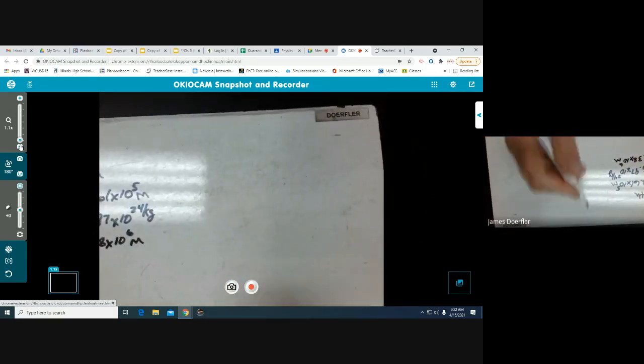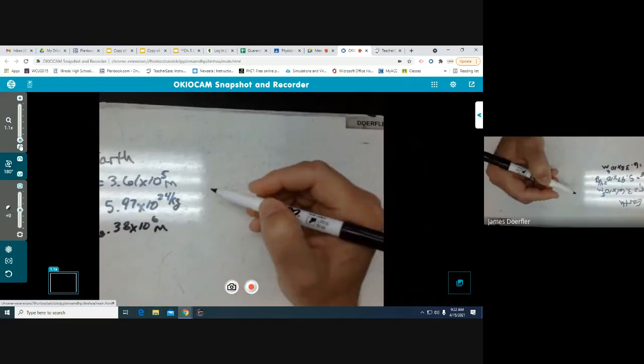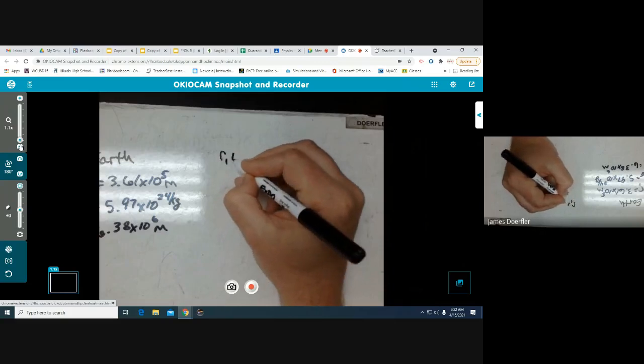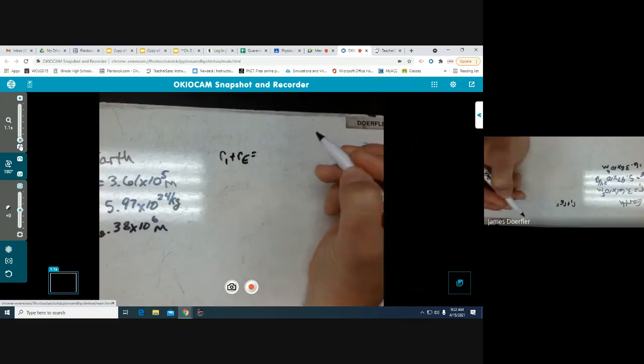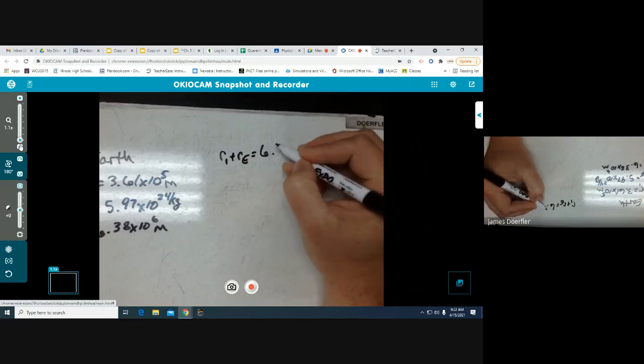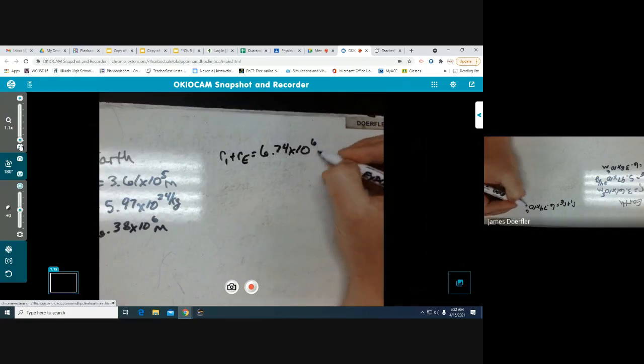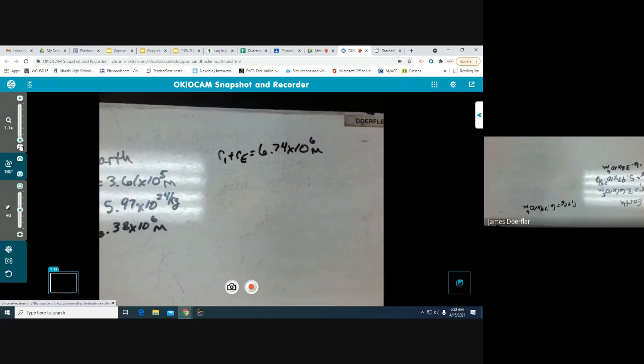All right. So before we do anything, we got to add these two sums together. So R1 plus RE, when you add those together, you get 6.74 times 10 to the 6th meters.